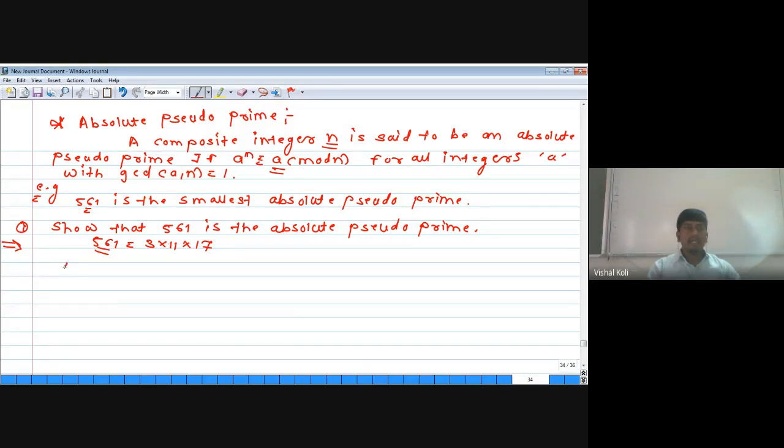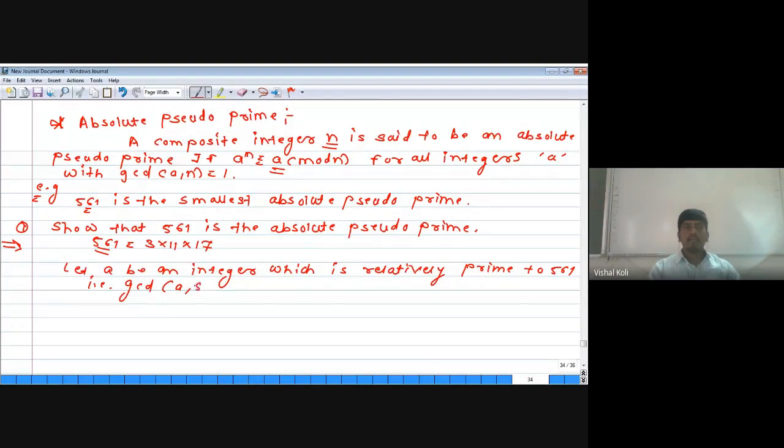Okay, let a be an integer which is relatively prime to 561, that is GCD of a and 561 is equal to 1.